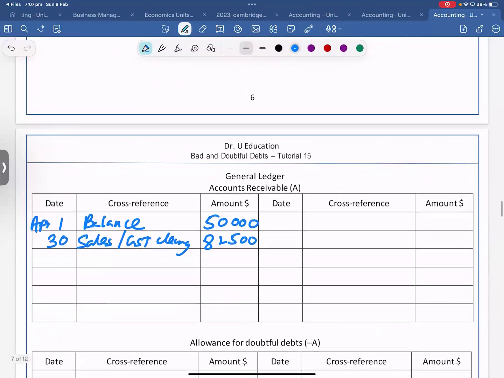Bank 440, April 25th, 440. And allowance for doubtful debt slash GST, how much? 1,760.